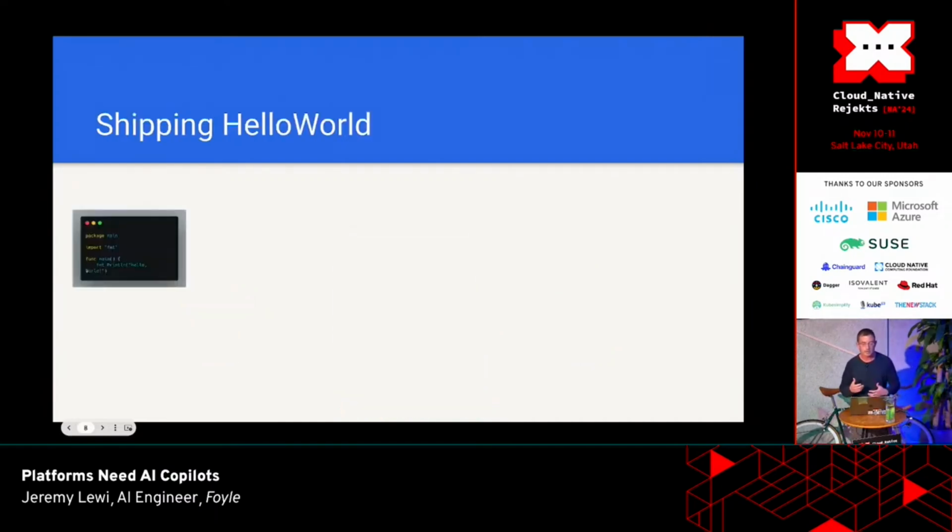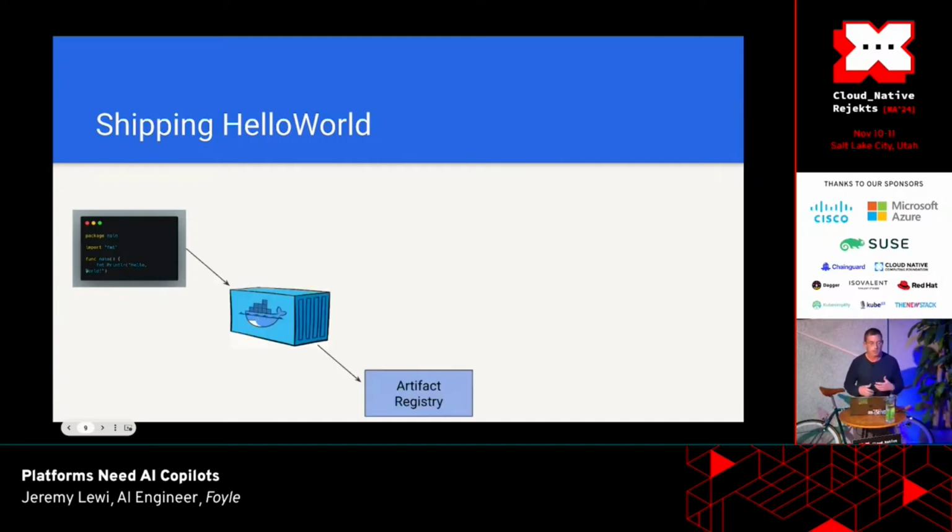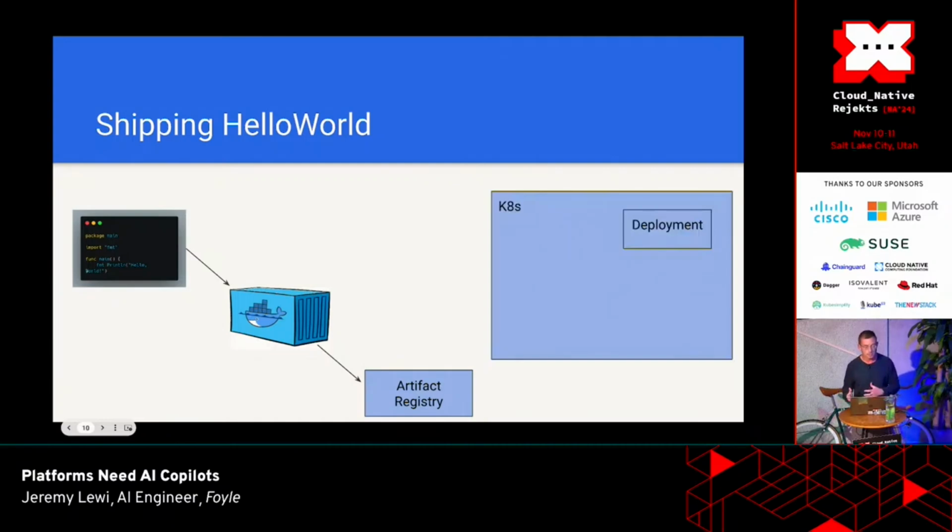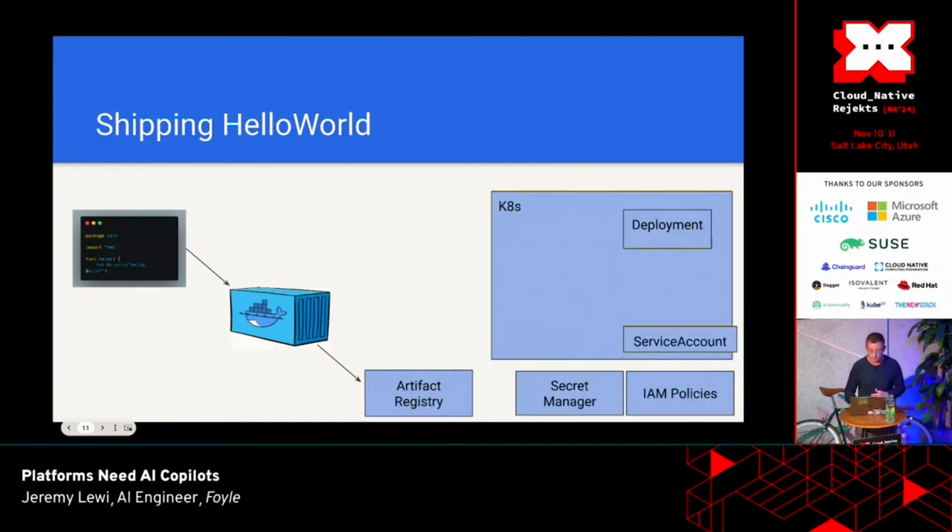And we can see that if we look at what it takes to actually get this Hello World service into production. So I wrote some Go code. And once I had that Go code, I had to build a Docker container and push it to an artifact registry, which I did using Co. Since I wanted to deploy this on Kubernetes, I had to create a Kubernetes deployment resource and also a Kubernetes cluster if I didn't already have one.